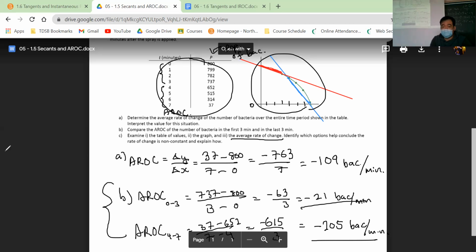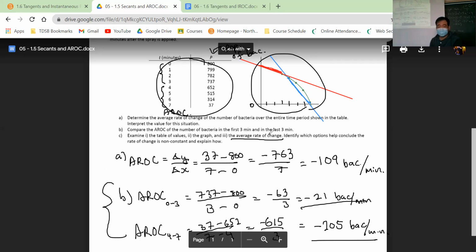But if you were to just get the average rate of change, which of these three helps you see that the rate of change is changing? I'll say it one more time. Which one of these three helps you see that the average rate of change is changing?